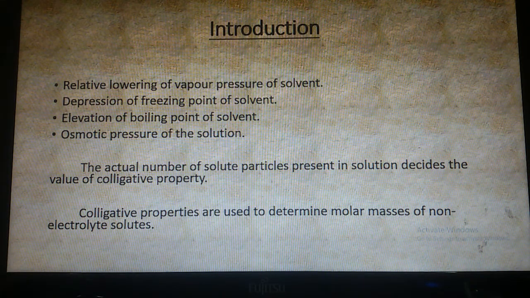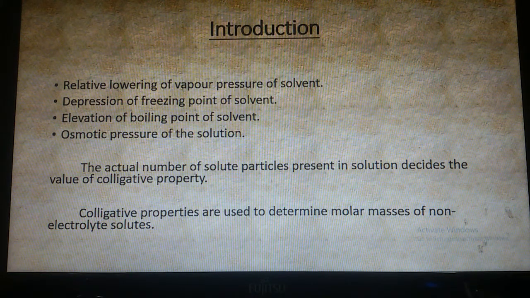These properties depend upon the number of solute particles present in the solution. The actual number of solute particles present in the solution decides the value of the colligative property. The non-volatile solute neither dissociates nor associates in solution; it does not ionize, producing ions, and also does not associate to form aggregate molecules.